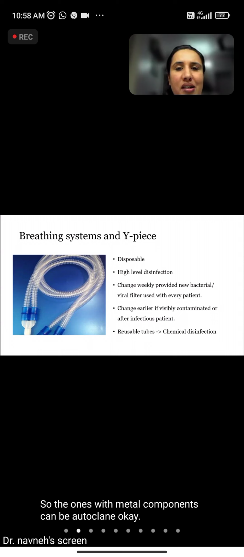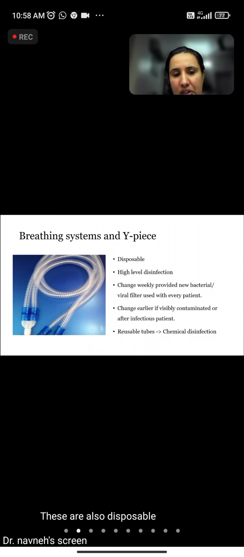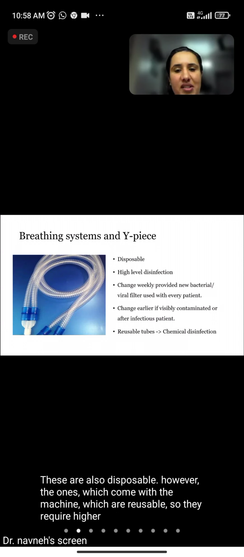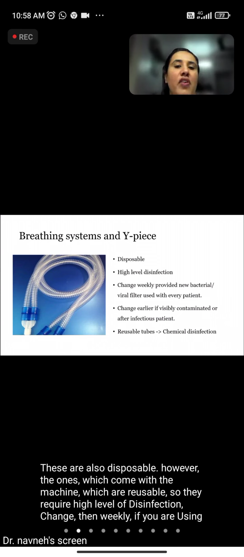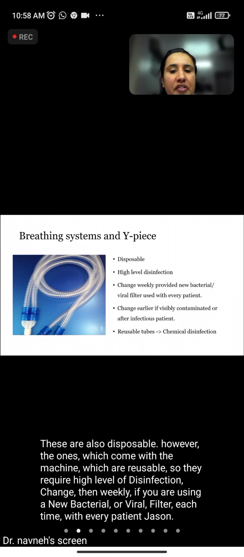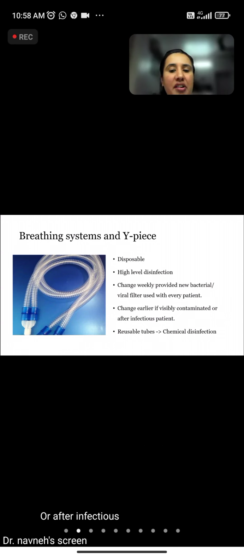Coming to the breathing circuits and pieces, these are also disposable. However, the ones which come with the machine are reusable, and they require high level disinfection. Change them weekly if you are using a new bacterial or viral filter with every patient. Change them earlier if they are visibly contaminated or after an infectious patient, and reusable tubes can be chemically disinfected.